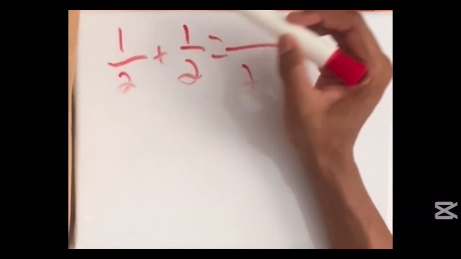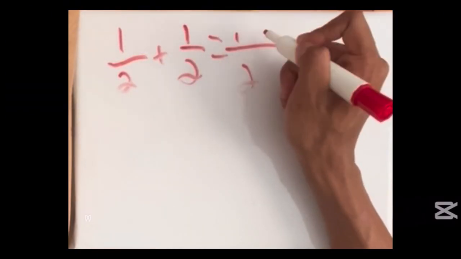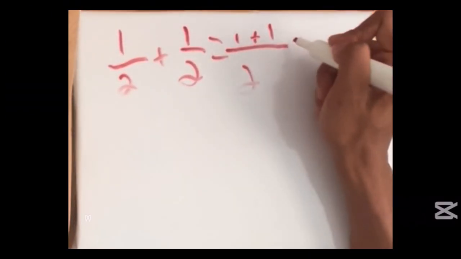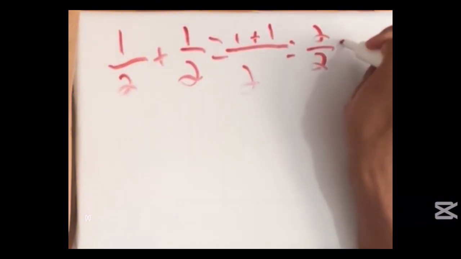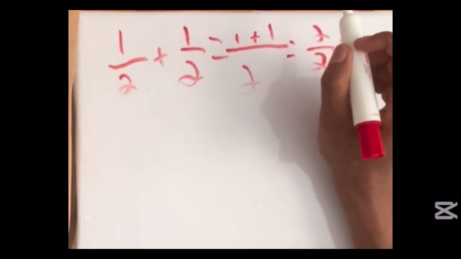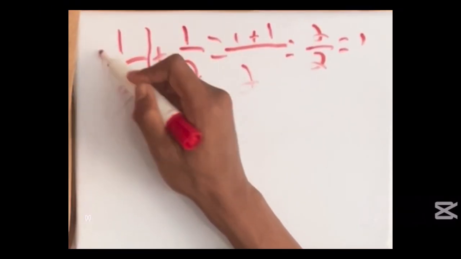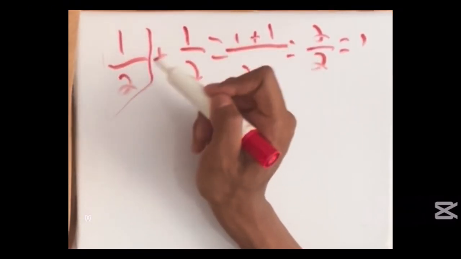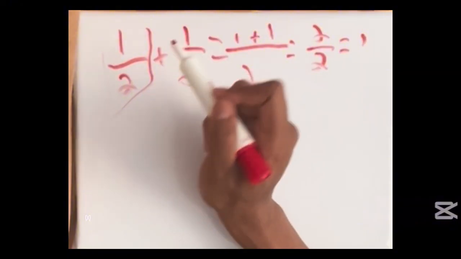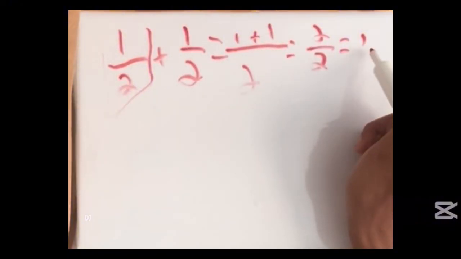So you're just going to add 1 plus 1, and it's going to be 2, and 2 divided by 2 is 1. Think of it like this: if you had half of a pie and you added another half of a pie, what would you have? You would have a full pie. So this is why it's equal to 1.